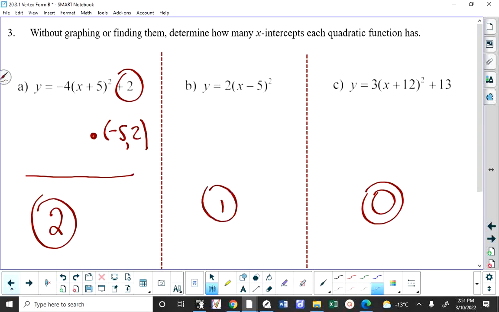I'm giving you this as an example in your notes because the number of x-intercepts is crucial. What we have now discovered from this is a parabola can cross the x-axis twice, it cannot touch the x-axis at all, or it can have only one point of contact.